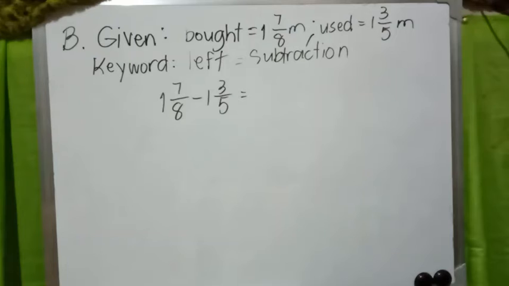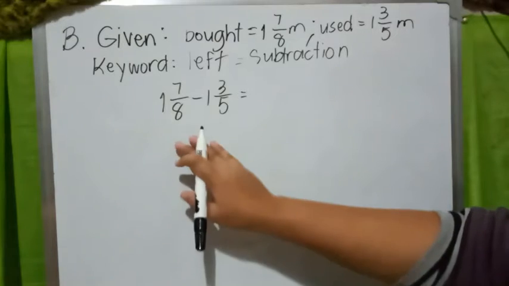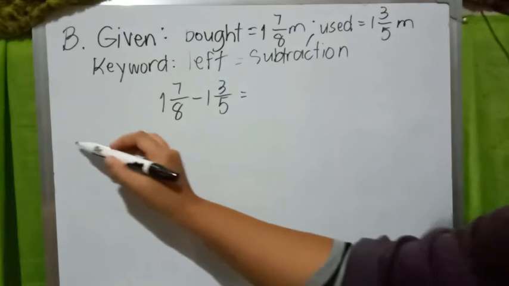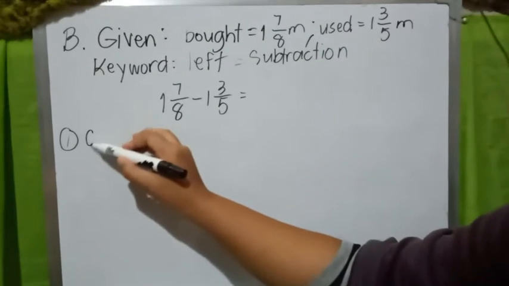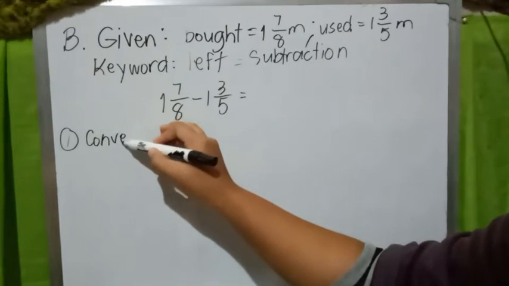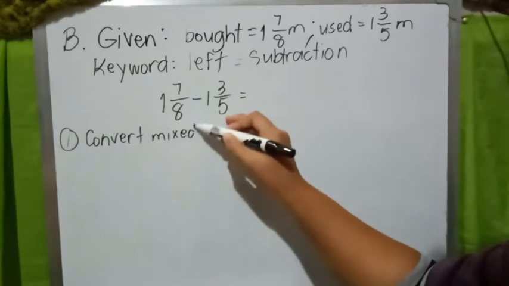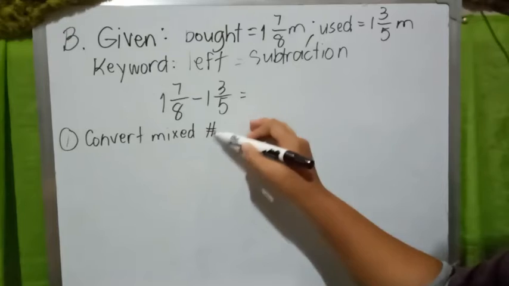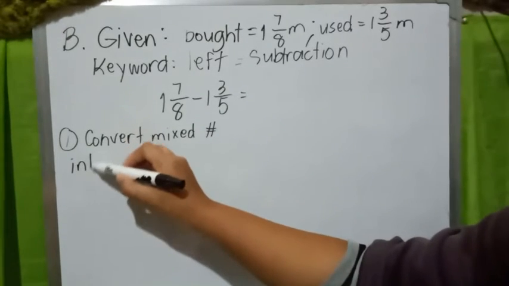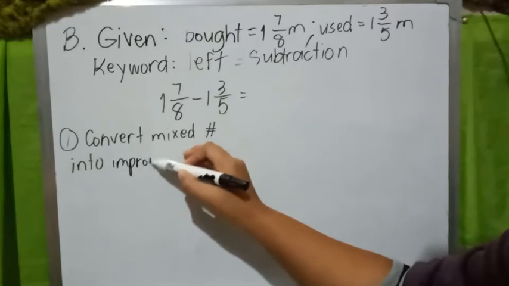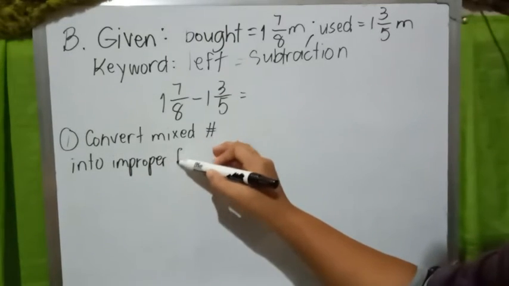So let's check your answers. What is the first thing we need to do? Okay, very good. So as we observe here, we have mixed numbers. So the first thing we need to do is convert mixed number into improper fraction.